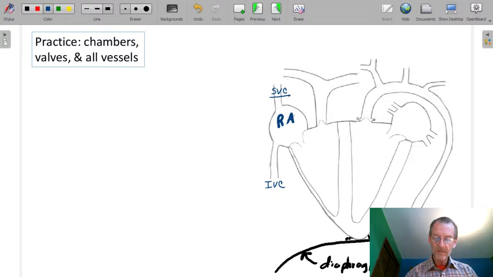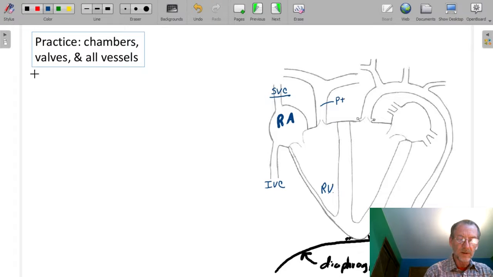Right atrium and right ventricle. And this would be the pulmonary trunk. Let's do a little key over on the right. So PT equals pulmonary trunk. I'm going to abbreviate pulmonary.